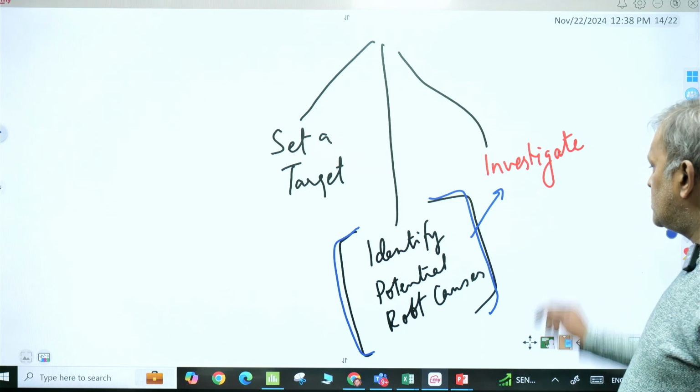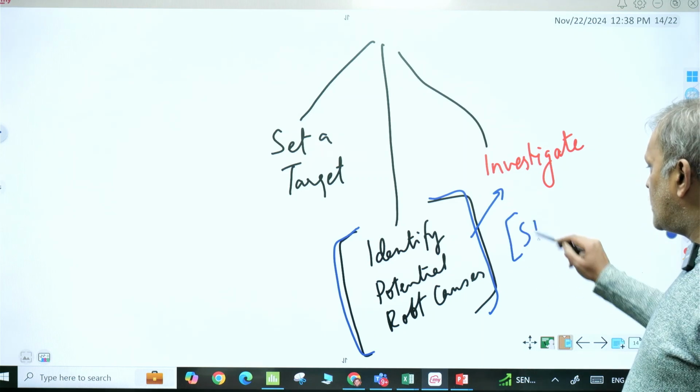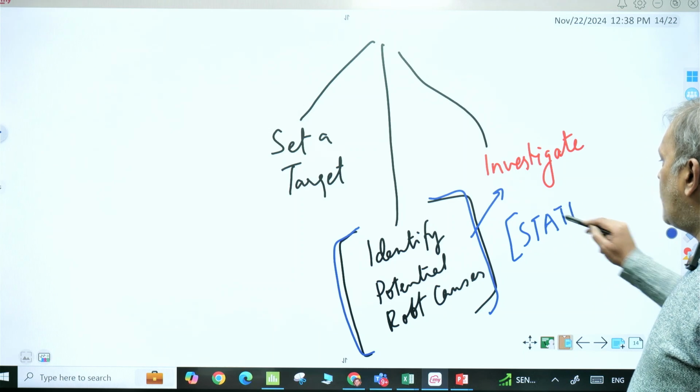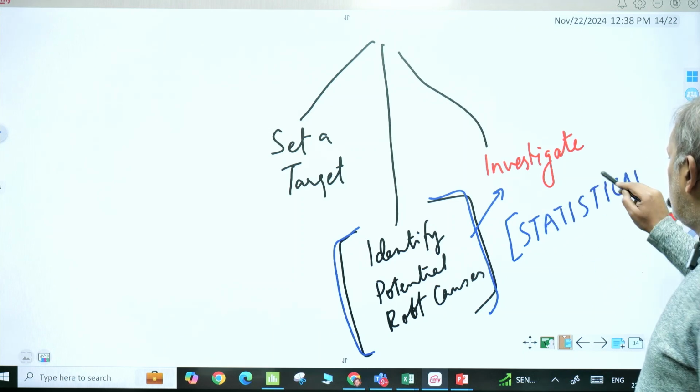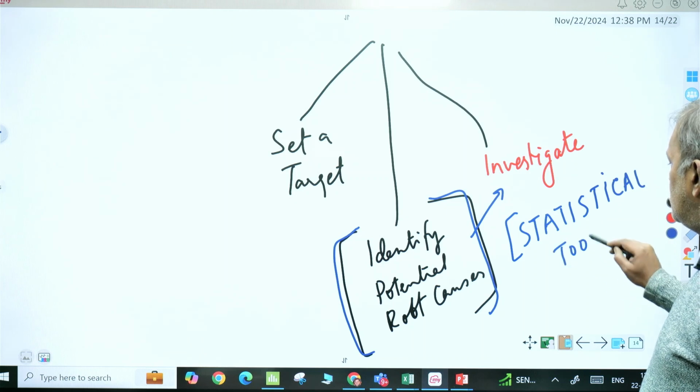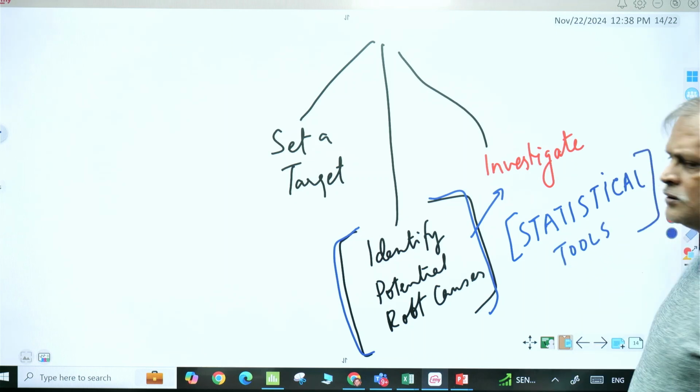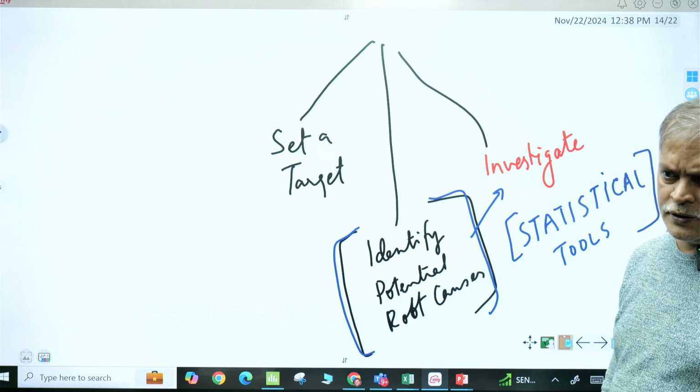In a Six Sigma project, this will be done with a lot of statistical tools. In Kaizen, we will not spend time doing a lot of statistical tools. In Kaizen, we are only doing basic analysis.